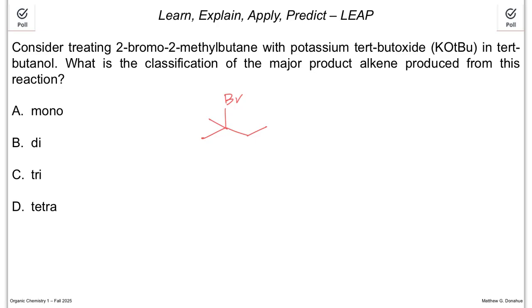So when it does a deprotonation at one of those methyl groups, what is the classification of the alkene?